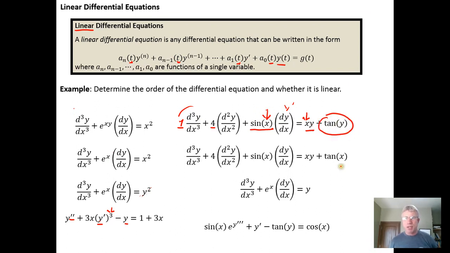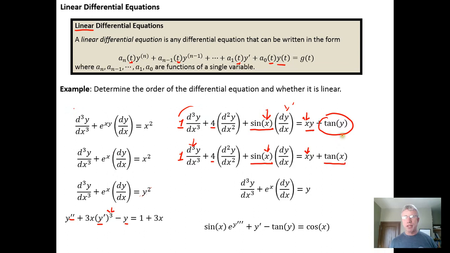And if we tweak this just a hair, we have a third order, ordinary because there are no partial derivatives, and then is it linear? You look at those coefficients. Yes, 1 is linear, 4 is linear, sine of x is a function of a single variable, it's linear. Here the coefficient on the y is a function of a single variable, and then I have it equal to the tangent of x.